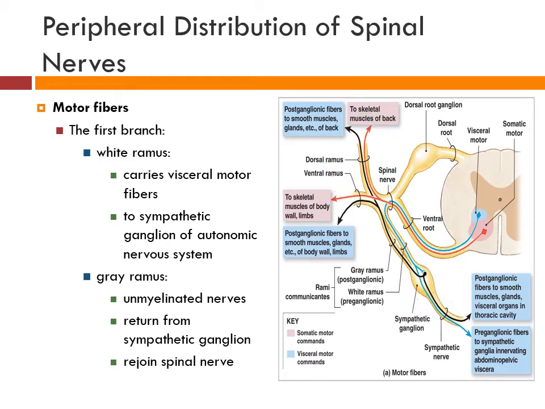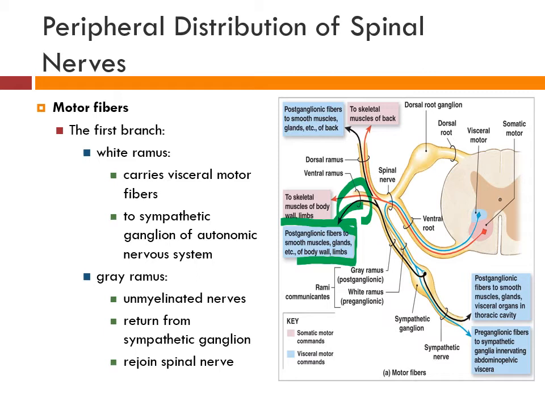And then we have our ventral ramus here, and that is also going to have the visceral motor neurons shown in black that are going to innervate the smooth muscle and glandular tissues in the body wall and the limbs.